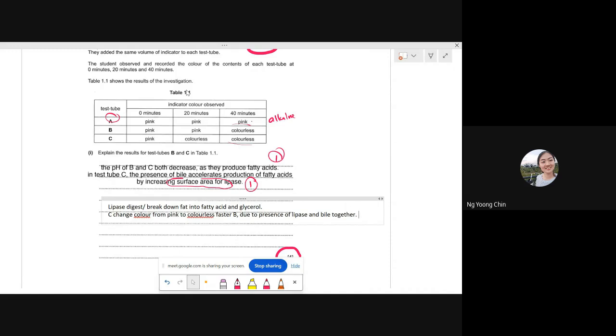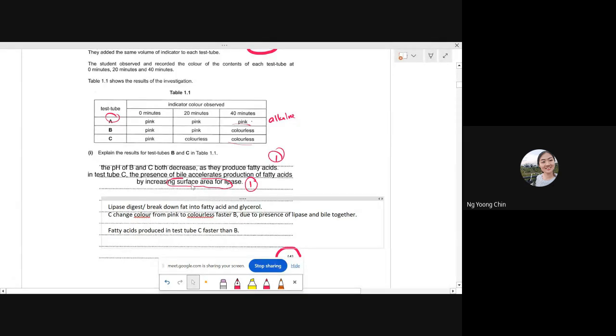So this will cause the fatty acid produced in test tube C faster than B. And then you should state why it is able to increase the surface area for the lipase.